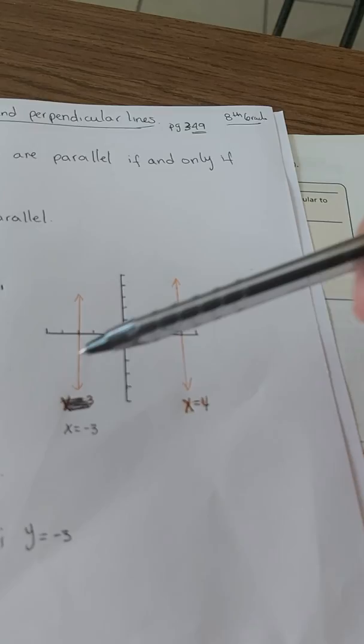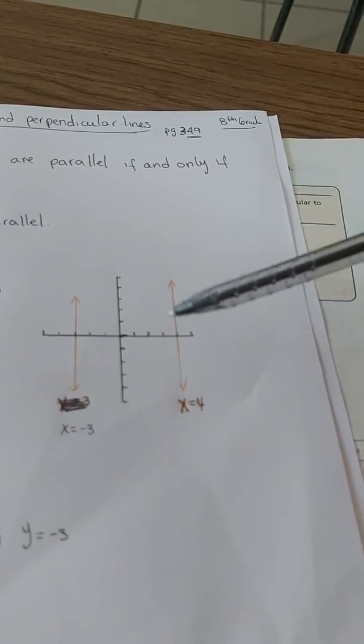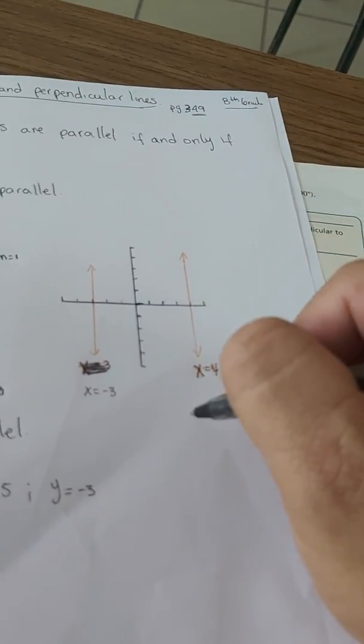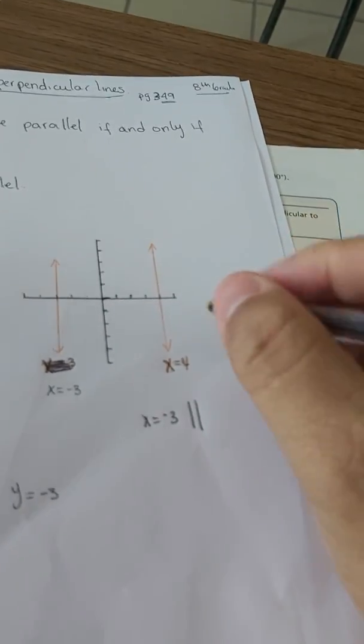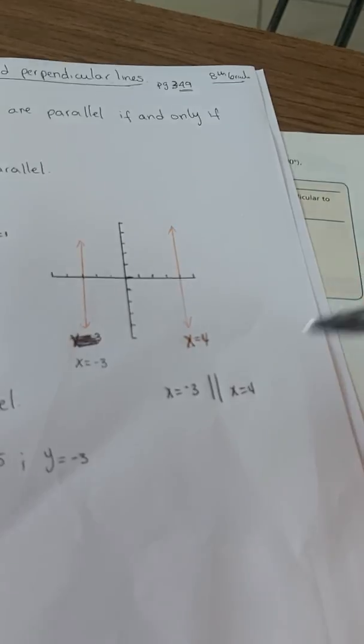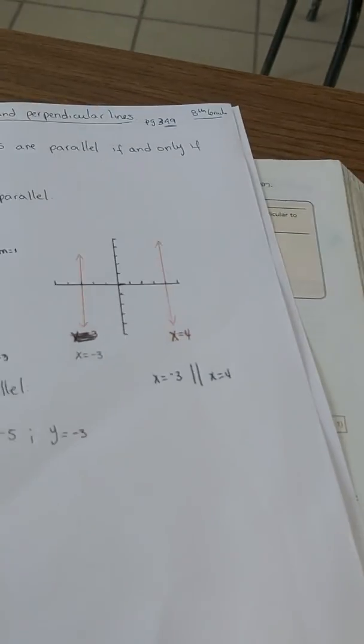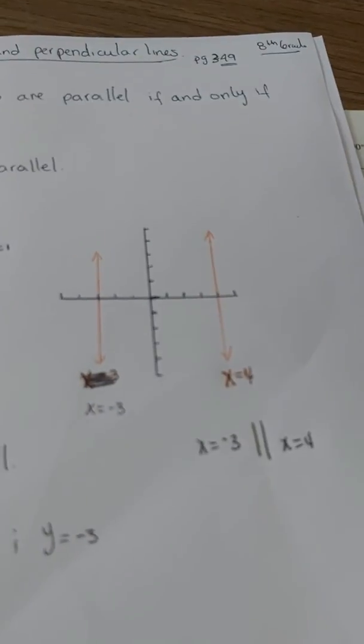That's why we have vertical lines. So two different vertical lines are parallel. So we can state that x equals negative 3 is parallel to x equals 4. Why? Because the slopes for these two lines are undefined.